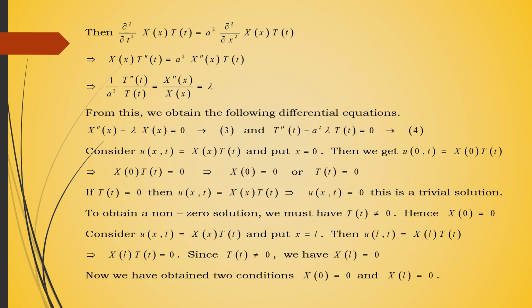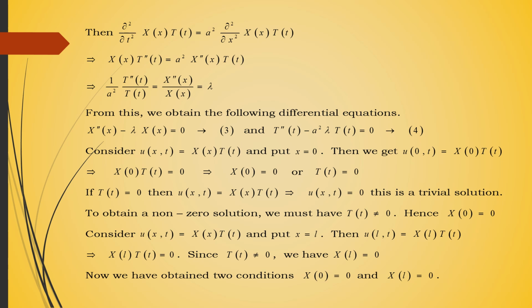From this, we obtain T double dash of t by T of t times 1 by a square equals lambda and X double dash of x by X of x equals lambda, which implies X double dash of x equals lambda X of x and T double dash of t equals a square lambda T of t.